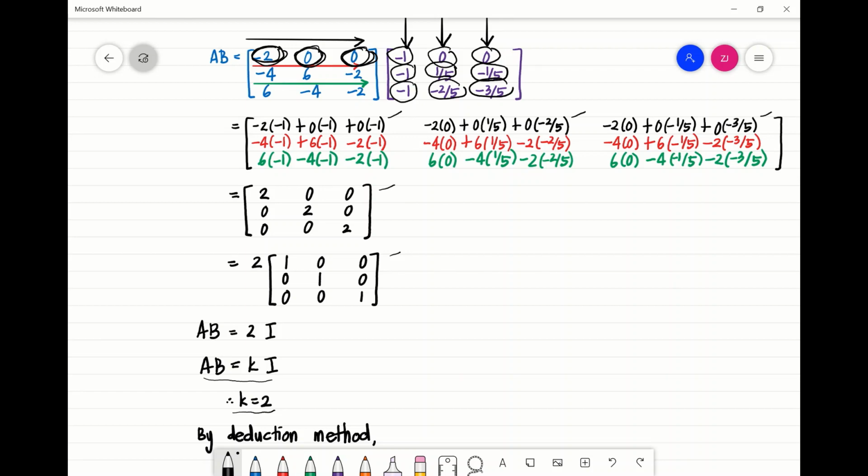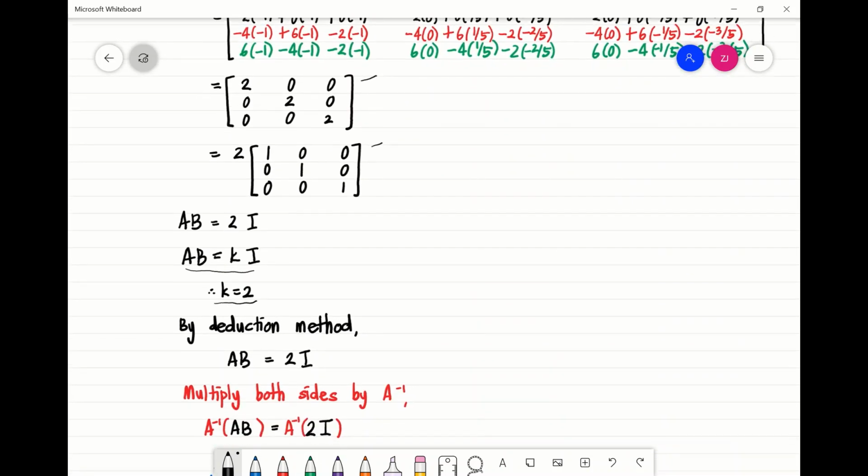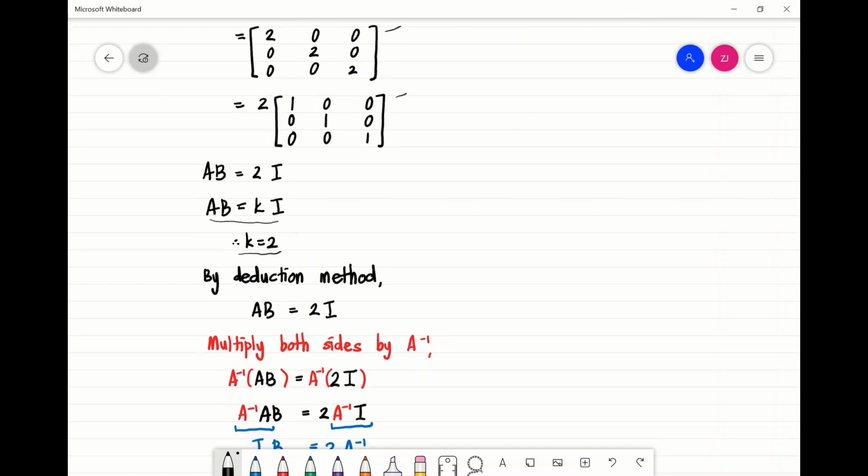So now how to find A inverse? By using the deduction method, originally we have AB equals 2I, so we bring it down. Now because the question says find A inverse, we cannot see any A inverse here.